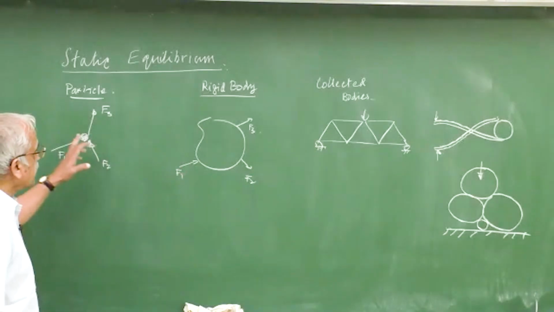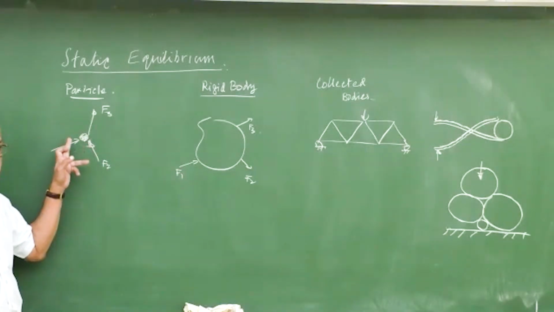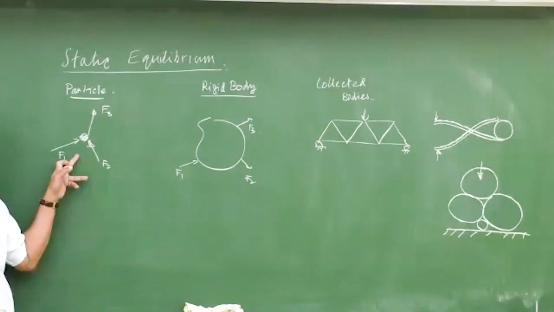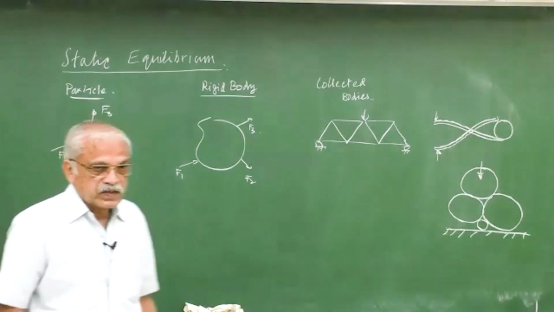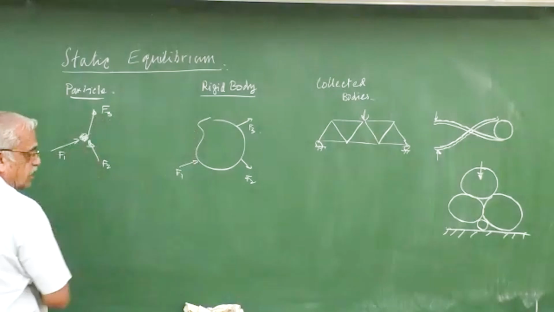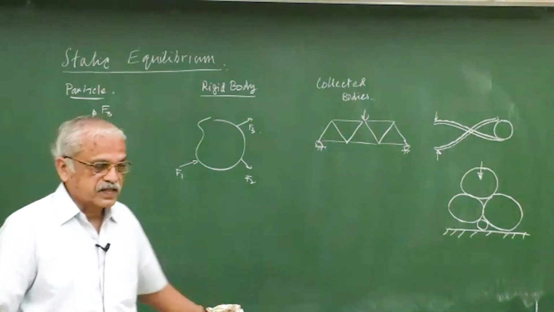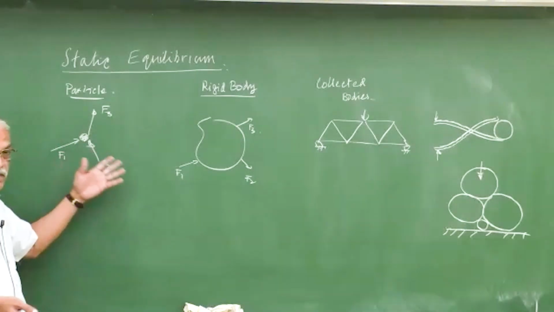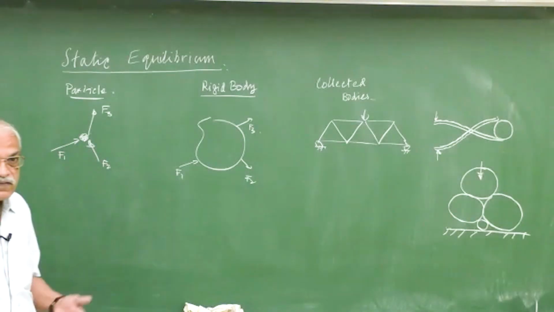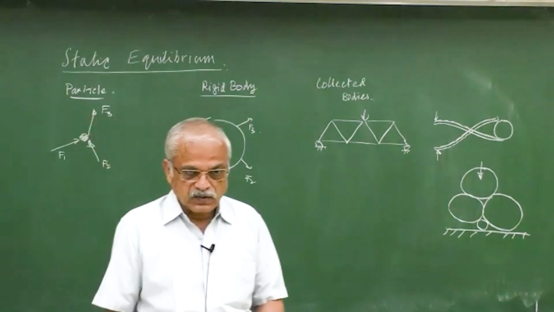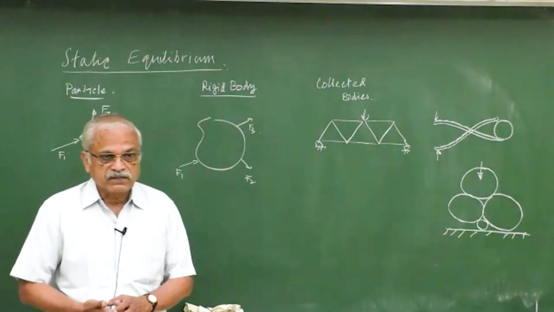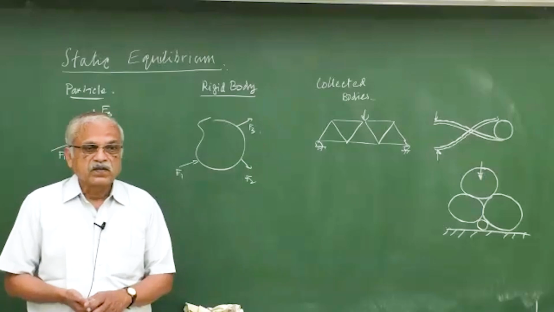Why this is important is that Newton's laws are enunciated only for a particle. Okay, so only for a particle. Our Newton's laws start from here, saying that the very first law says that if a particle is acted upon by force and if the net force is 0, then it will be in a state of rest or in uniform velocity motion.